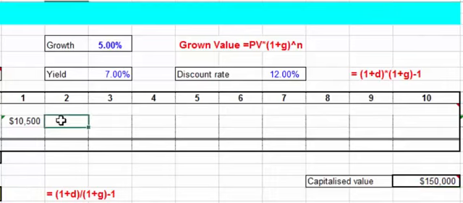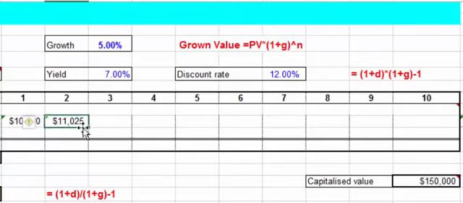We come back and we say, what's the rent going to be in year 2? In year 2, it's going to be the previous year's rent multiplied by 1 plus the growth, which is 5%, close brackets. That gives us $11,025.